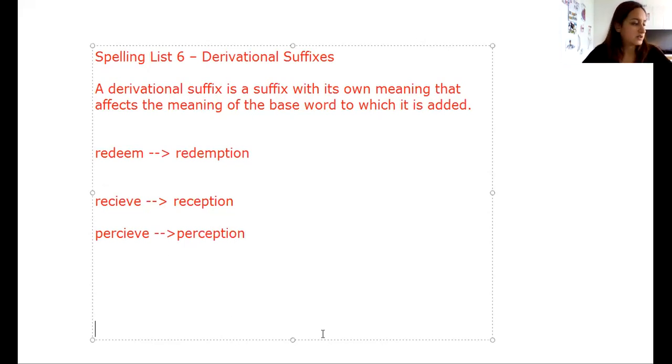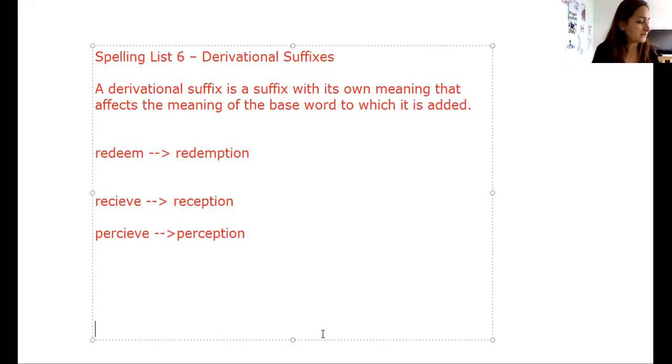Okay. So on page 22, you had to sort the words according to how they ended and adding the suffix, okay? You had to sort the words according to what base word they have, okay? So I'm sure you've already done that on page 22 and practiced page 23 as well, okay?